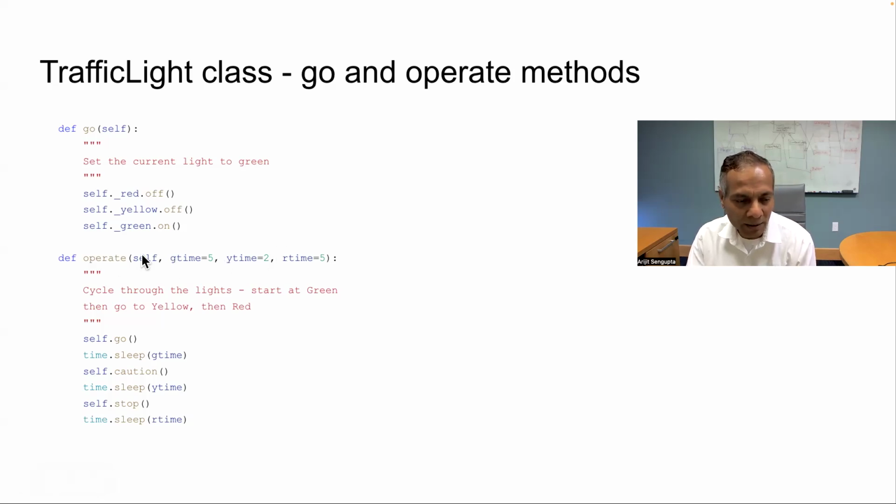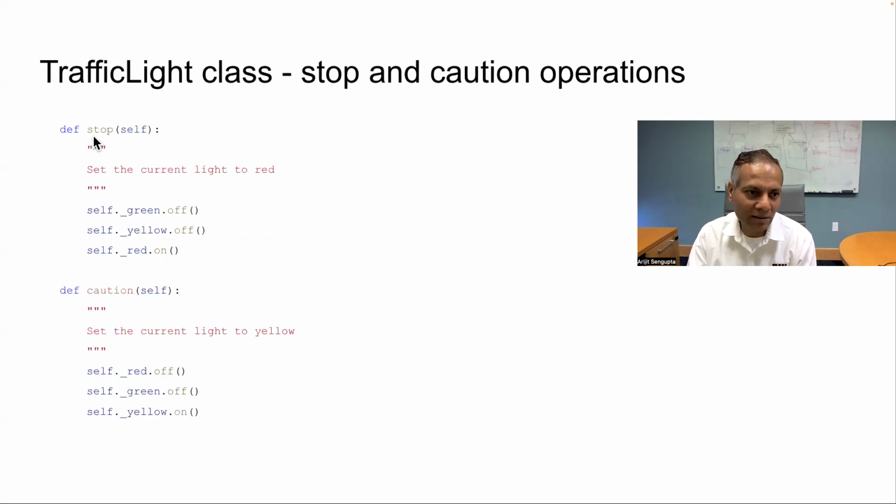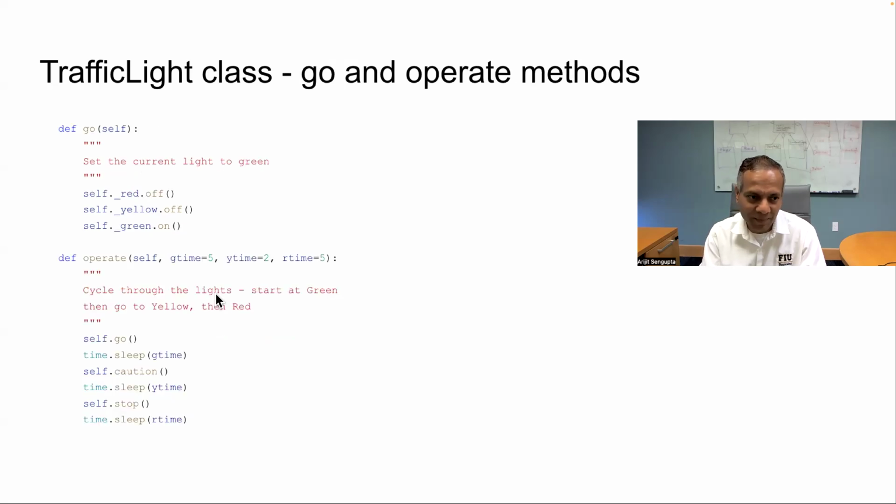So operate, obviously the first parameter is self. Notice that all these stop, go methods don't have any other parameters. So when we call them, we'll just call with a stop. When we call them, we don't need to send the self that comes in from the class that you're calling. Any other parameter you will have to provide.